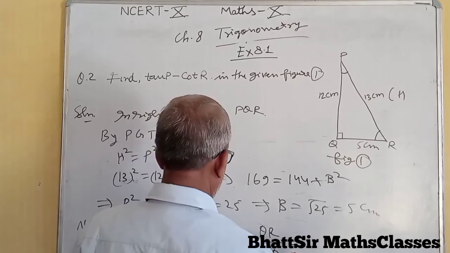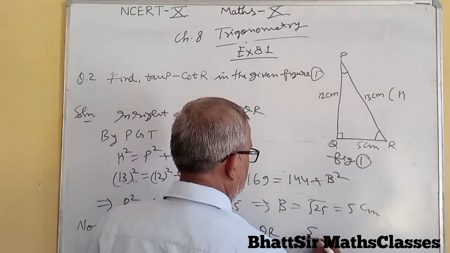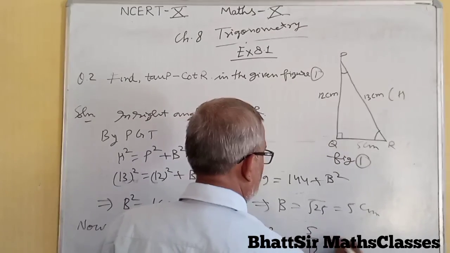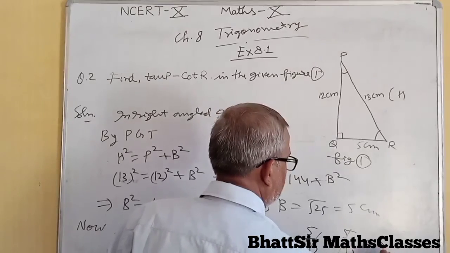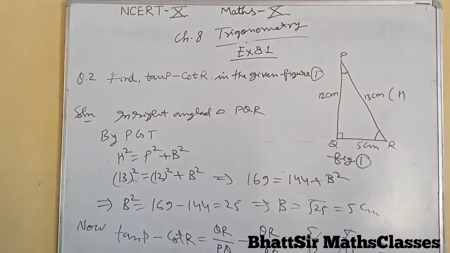It means 5 upon 12 minus 5 upon 12, cancel out, equal to 0. That is the right answer.